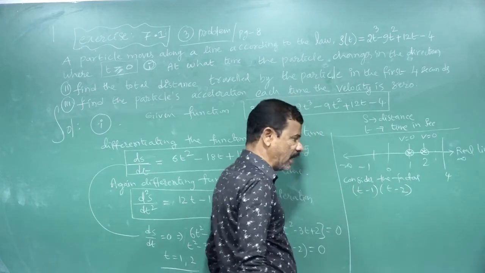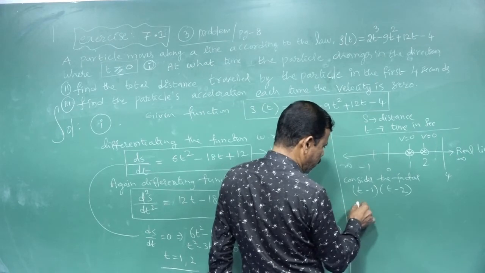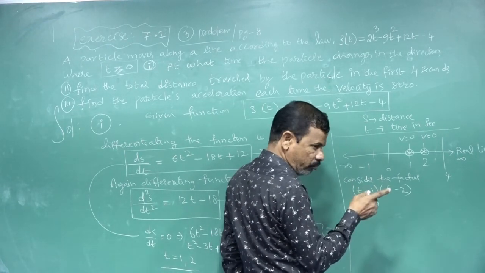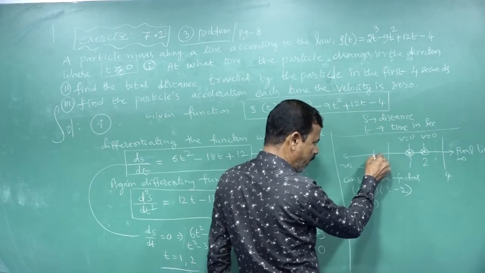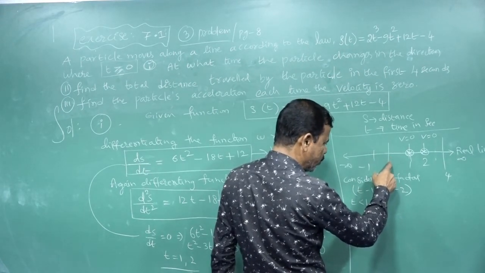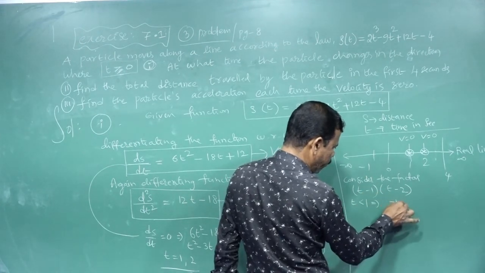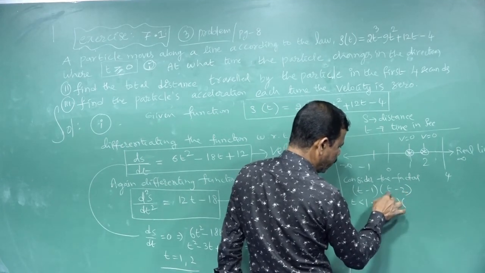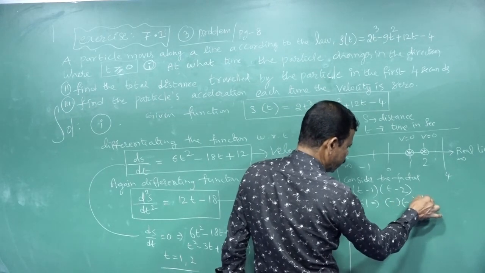We check t less than 1, below 1, meaning 0 and minus 1. Any value to the left of 1, suppose we consider 0. At 0, this factor is negative and this factor is also negative, t minus 1 and t minus 2 are negative, so minus times minus is positive.